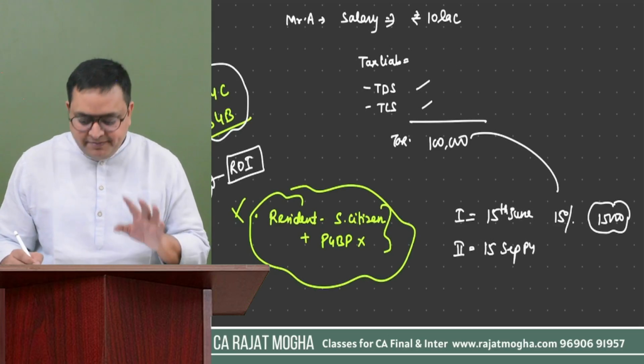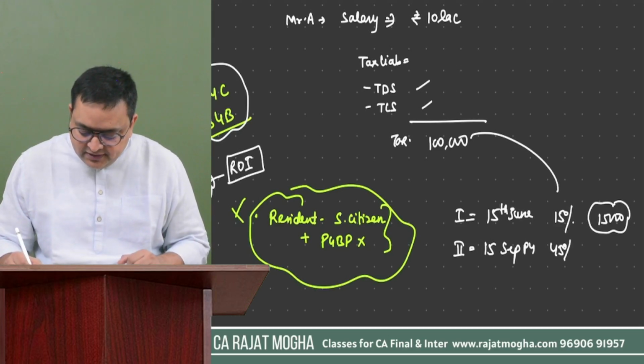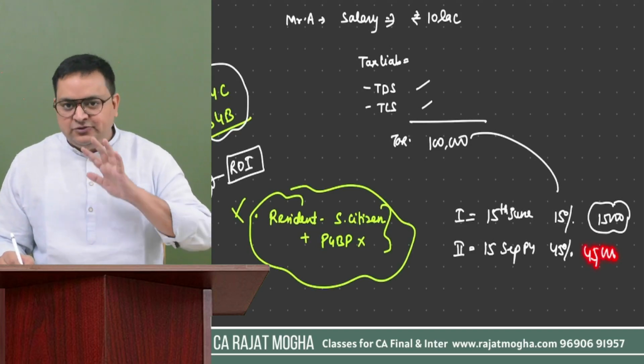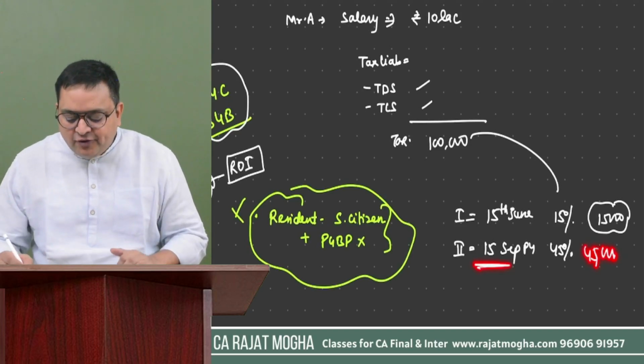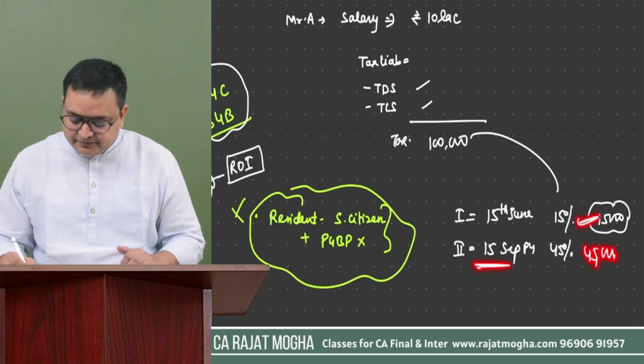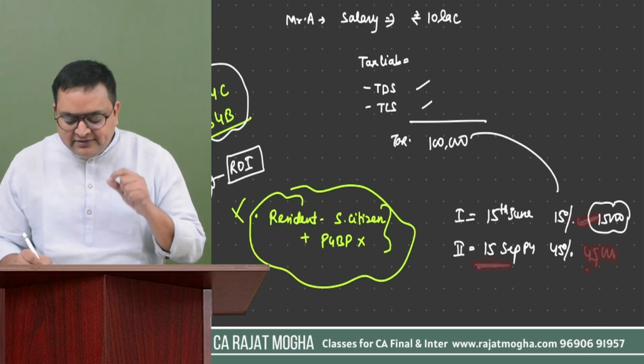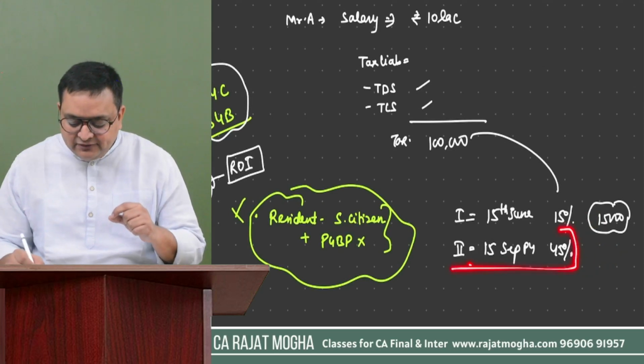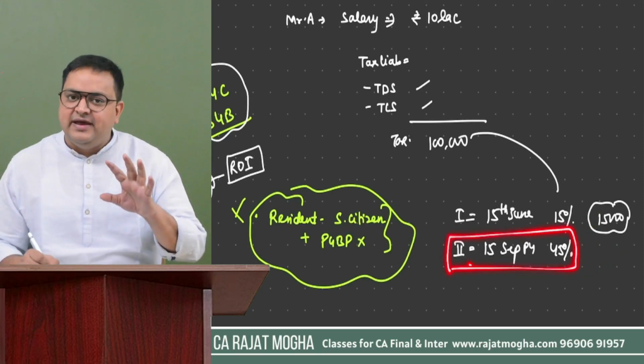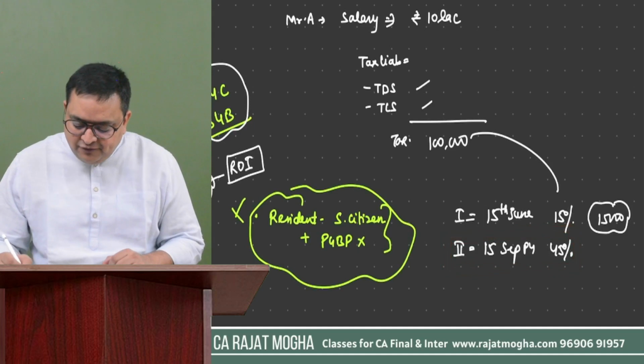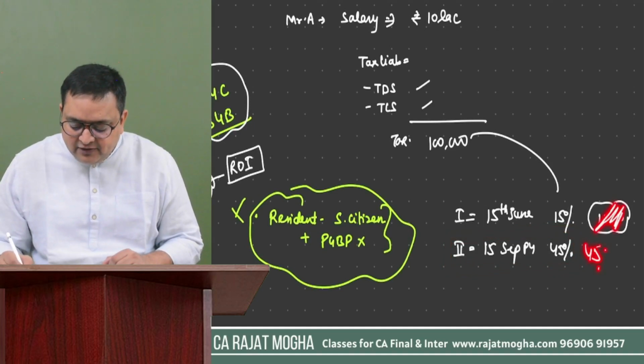How much should be paid? At least 45%. So you should pay 45,000 rupees up till this date. If you have already paid 15,000 rupees, how much will you pay? The income tax department says that at least 45% of our advance tax liability should be submitted here. So if you have not paid anything, then pay 45,000 rupees here.